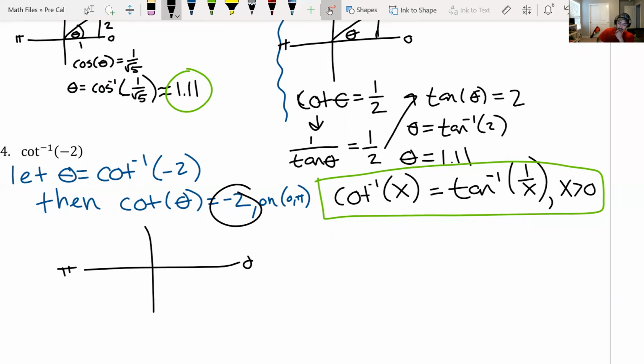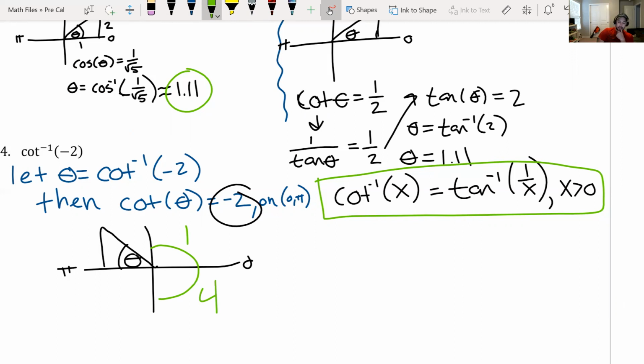So this means that my theta is going over here. Well, here is the problem. If we want to use the inverse tangent, it lives in quadrants 1 and, I keep saying 2, I mean quadrant 4. So the inverse tangent lives in quadrants 1 and 4.